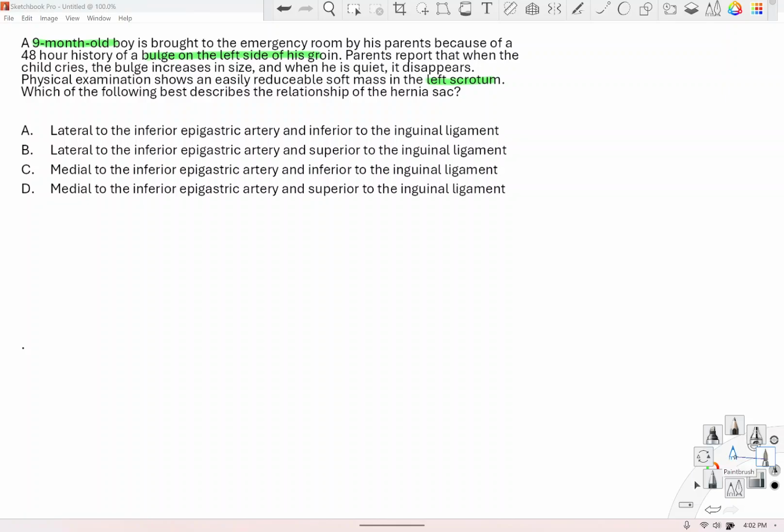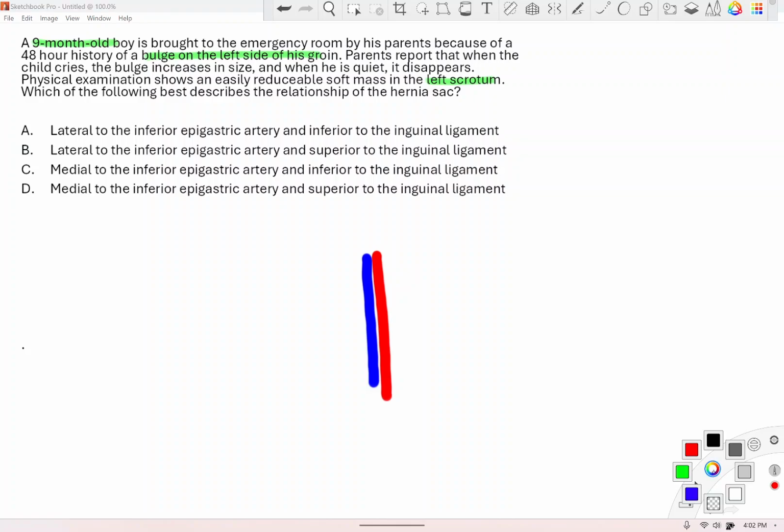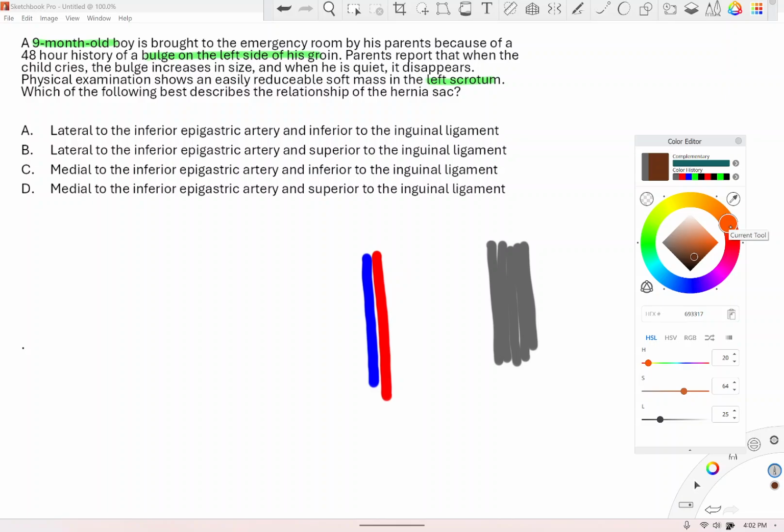Okay, now to understand inguinal hernia, we need to draw, let's say there is the femoral vein, and then there is the femoral artery, and then we need, what color? Gray. Let's use here the rectus abdominis muscle. So maybe I should color it more brownish, that looks like a muscle.